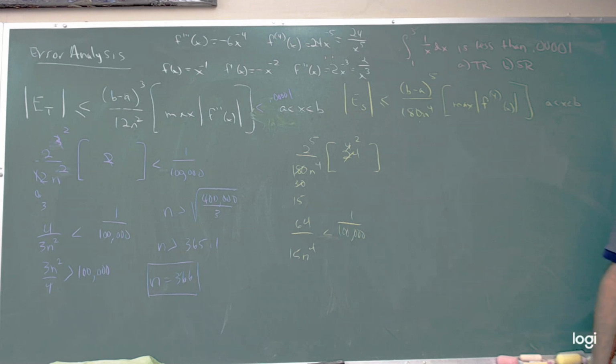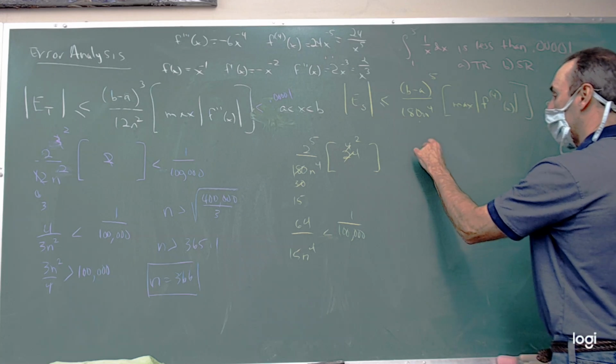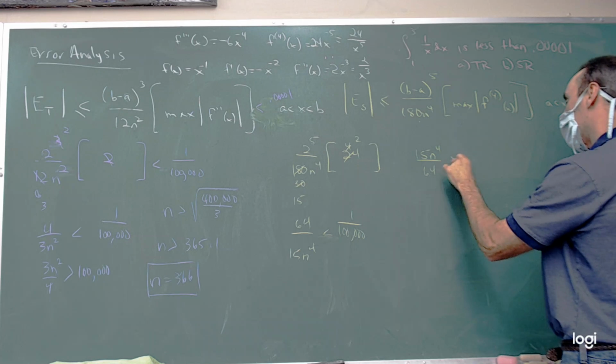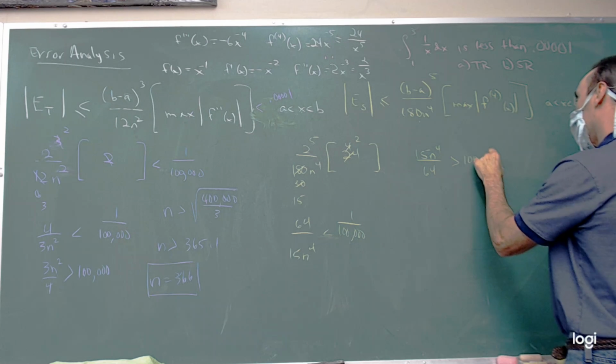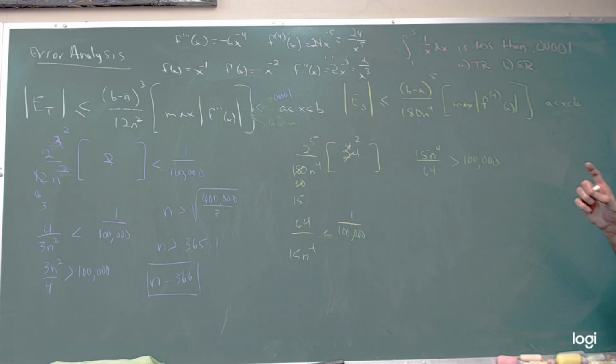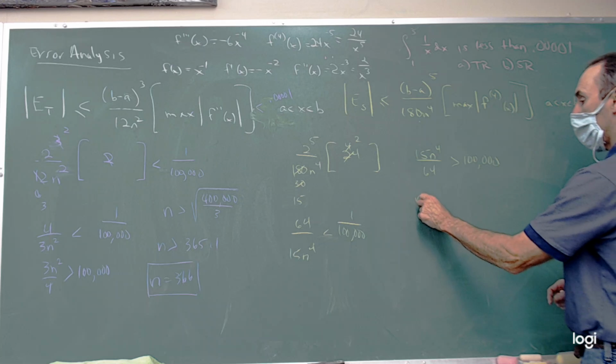Is that okay? Same story, we're going to take the reciprocal of both sides. So that's 15 n to the 4th over 64 is now greater than 100,000. Is that okay? You right with that? So then I'm going to multiply by the reciprocal.